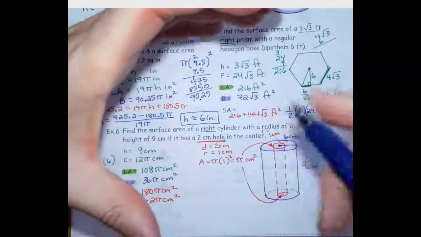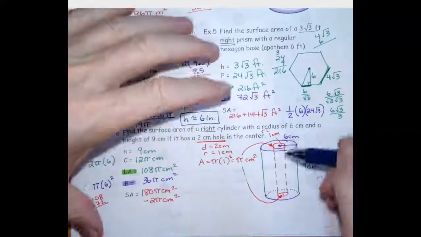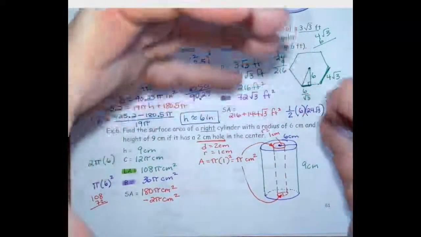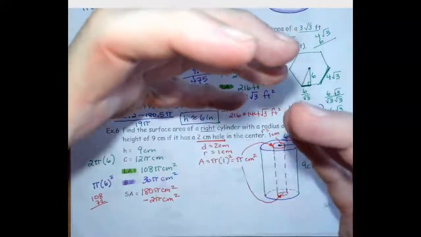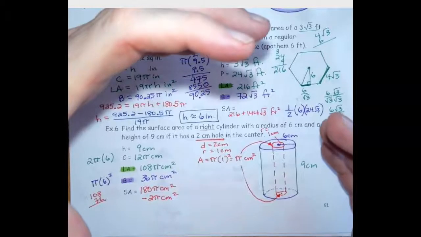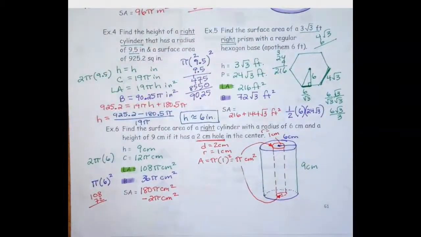If that was underwater, water would be touching the cardboard tube in the middle, so that is part of the surface. We tend to think of the surface as the outside, but the surface of an object is anything that's exposed to the air.